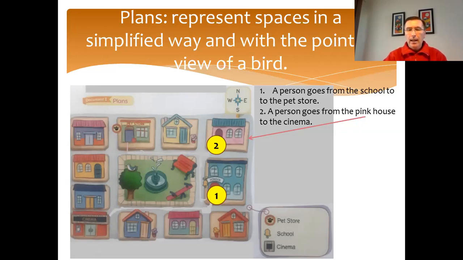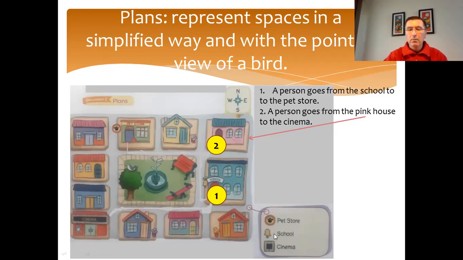Okay? And here, on this corner on the bottom to your right, we can see a little rectangle with three things: the pet store, the pet shop, the school, and the cinema. And it's interesting that next to these names, or next to these places, you can see a little symbol.